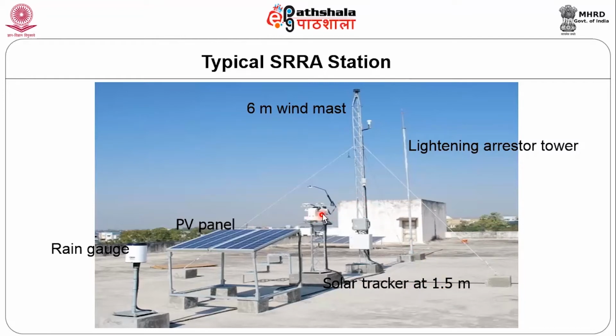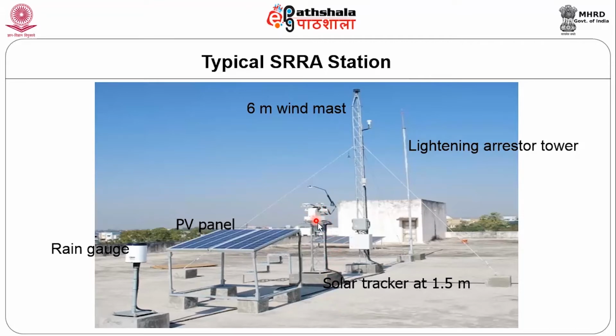Here there is a pyrheliometer and a pyranometer. The pyrheliometer measures the direct radiation at that location, and the pyranometer measures the global radiation. You can put a shade over the pyranometer and measure diffused radiation also.